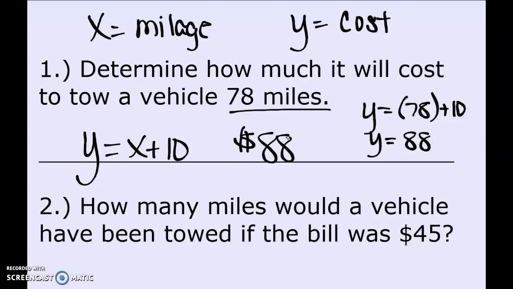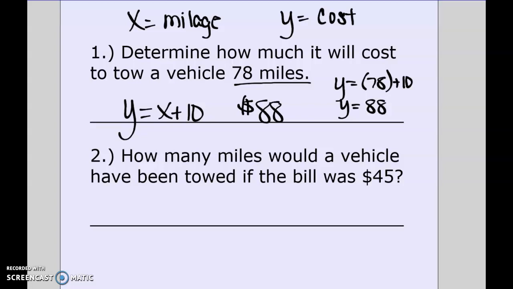Next, it says how many miles would a vehicle have been towed if the bill was $45? So I have my equation. We're going to extend the page a little bit. So my equation is y equals x plus 10, but we want to know how many miles. So that means we're looking for our x value. Since I'm looking for my x value, I'm substituting 45 for y because that's the total cost.